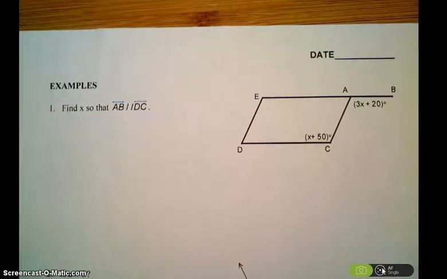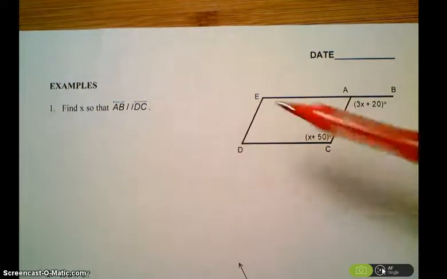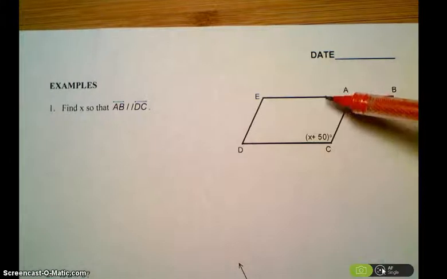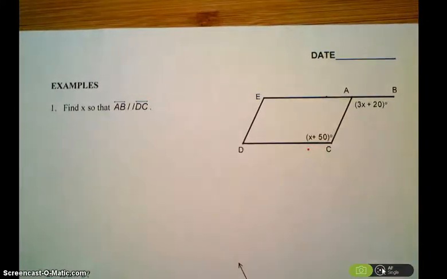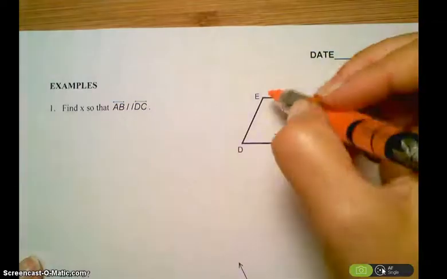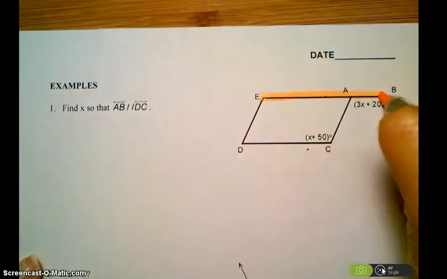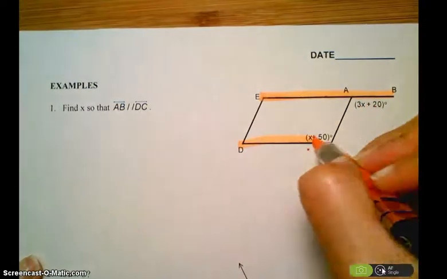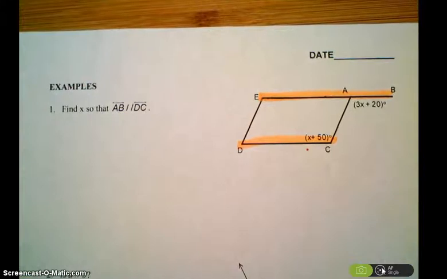Okay, on page 3, we find some examples of how we're going to use these theorems to prove our lines are parallel. In this first one, it's asking you to find x so that the 2 lines, AB and DC, end up parallel to each other. Just to help me out here, I'm going to make those 2 lines orange. I'm not going to mark them parallel yet because that's what we're trying to find out.